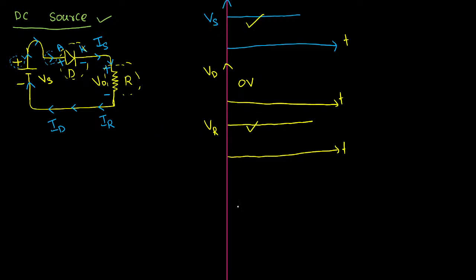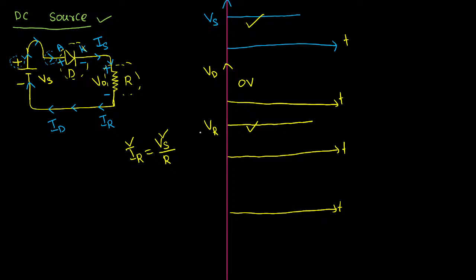Now how will you find the current waveform? The current is also similar to this. Simply, the current flowing through the resistor will be the voltage drop across the resistor, which is equal to the supply voltage, divided by the resistor. Now what you have to understand is the property of current. The waveform of the current will be similar to the voltage, but the magnitude will be different from the supply voltage.